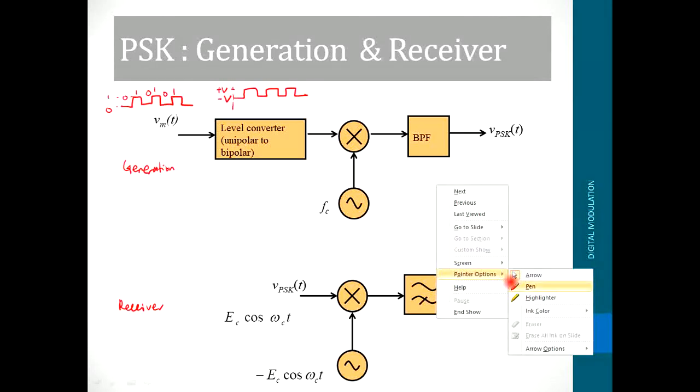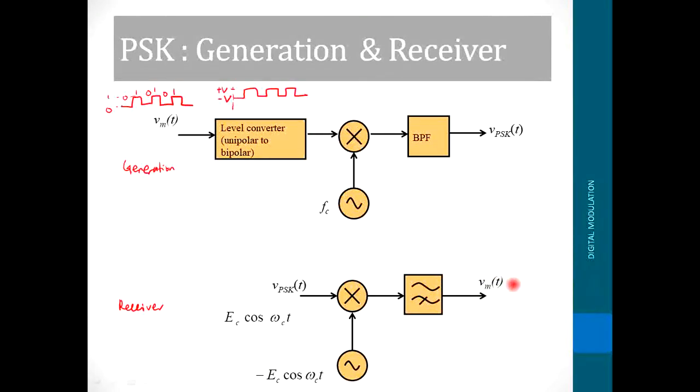Then this bipolar signal will go through the balanced modulator, where the balanced modulator consists of the carrier signal from the oscillator. The balanced modulator will multiply the information signal with the oscillator signal.